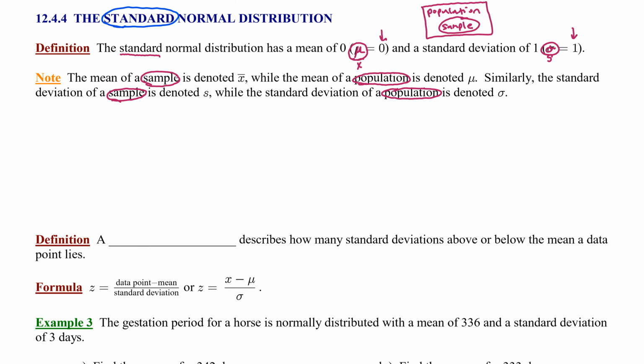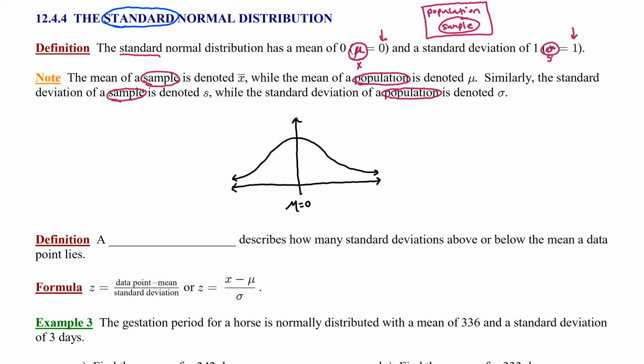Let's see what that looks like on a graph. So we're still dealing with an ordinary bell curve, a normal distribution. We can draw it something like this, where the data points are spread out on the horizontal axis and the vertical axis gives us the frequency. For a standard normal distribution, the mean, which we're now going to call mu, is 0.